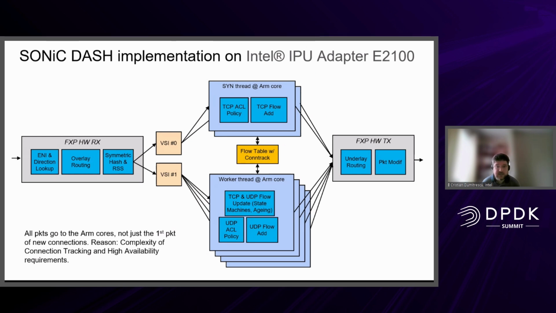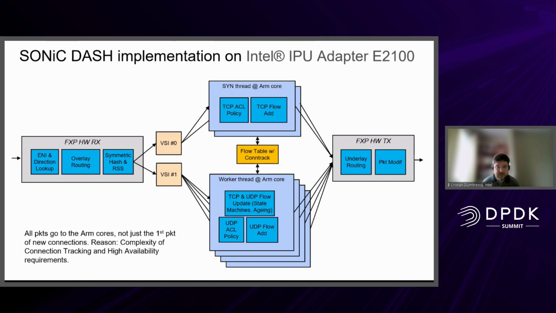So a lot of the data path is on the hardware pipeline, the FXP pipeline, but the connection tracking is on the ARM cores. As you could probably see, we have some SYN threads that only handle the TCP SYN packets to add connections, and we have worker threads, which are actually more numerous than SYN threads at this point.